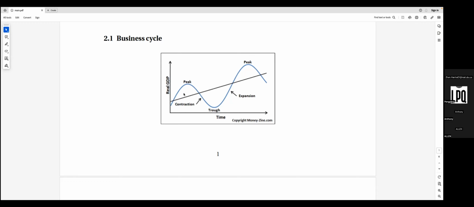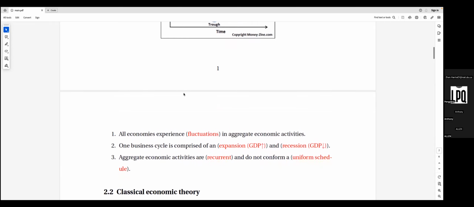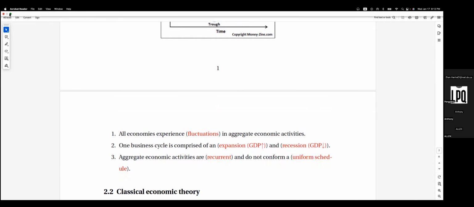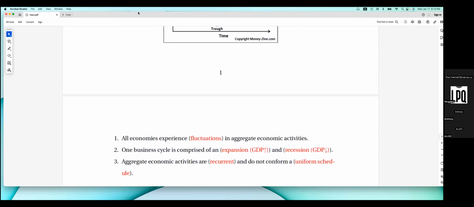No individual, no government, no human beings can regulate that one business cycle must last, for example, 3 years. There's no such regulation. It's totally recurrent and totally determined by the real world, but not determined by the economist. So it's called recurrent.